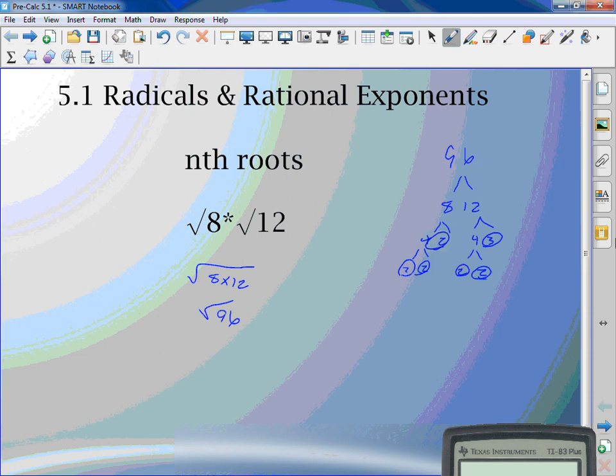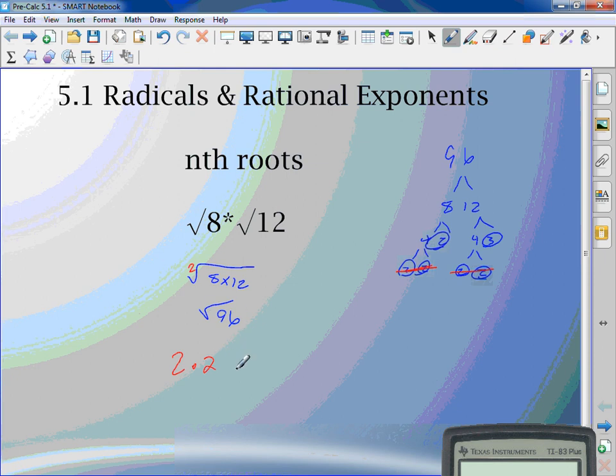I look for pairs of 2 because this is the square root. If it was cube root, I'd look for groups of 3. I have a pair of 2's, so I write a 2. Another pair of 2's, so times by 2. Any other pairs?